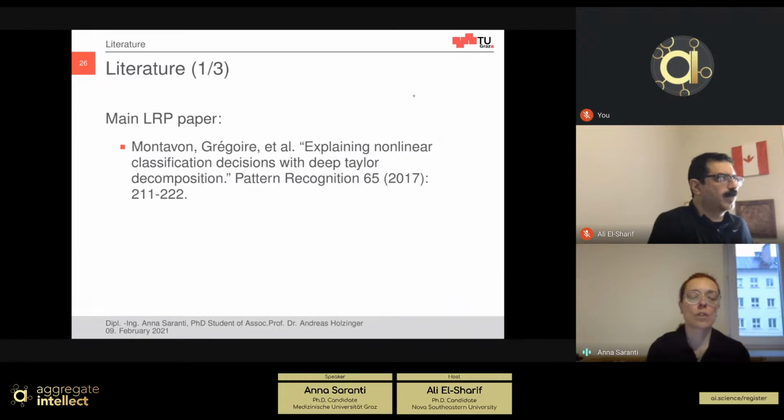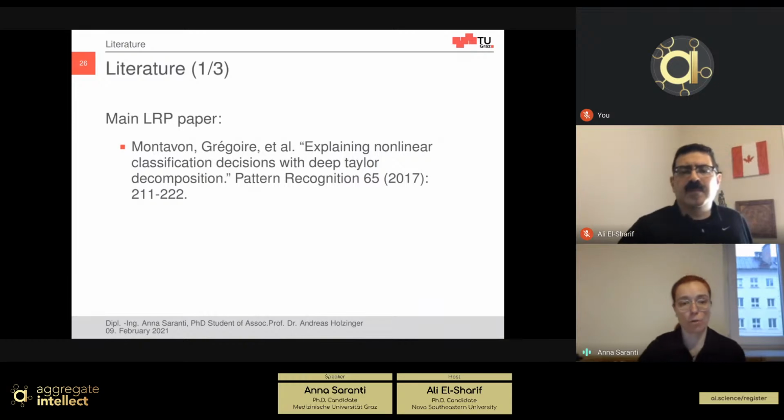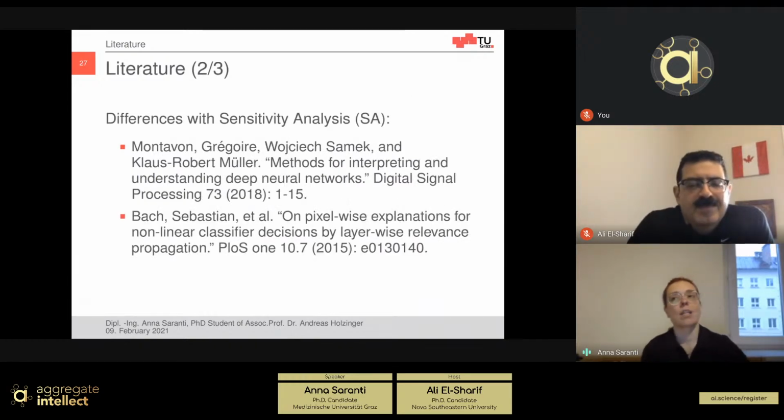The literature consists first of the main LRP paper. If somebody wants to learn the basic mathematics behind LRP, this is the paper that I recommend, from Grégoire Montavon. The differences between sensitivity analysis and LRP, with many images as well as math, are in those two papers.